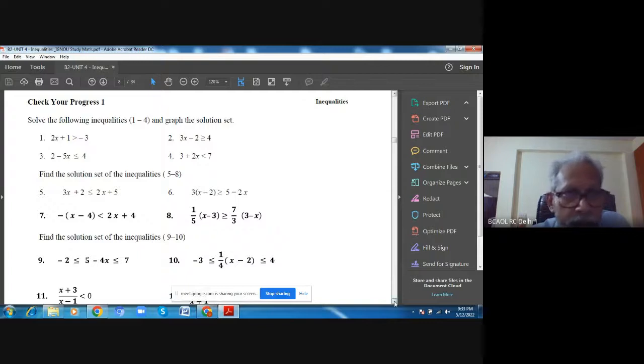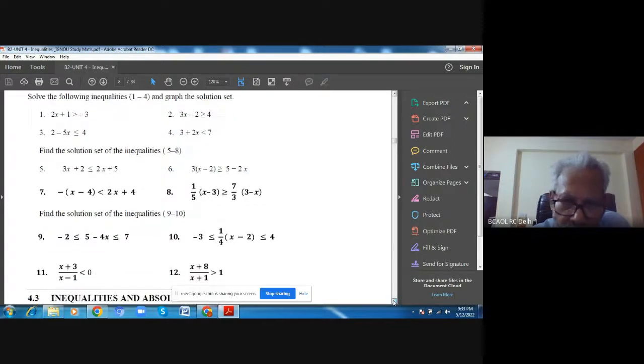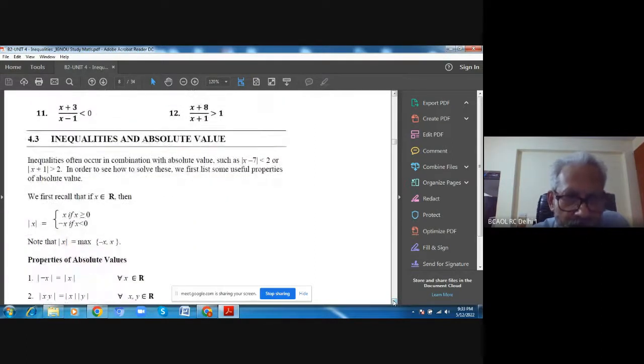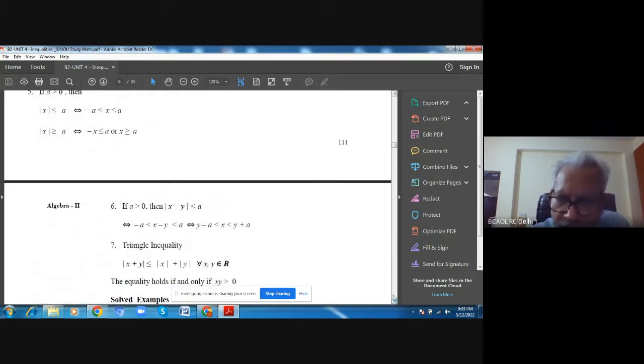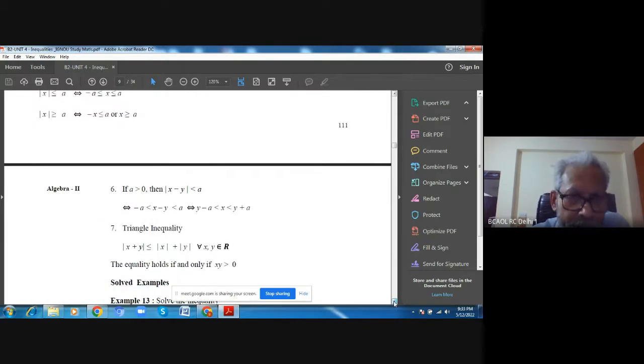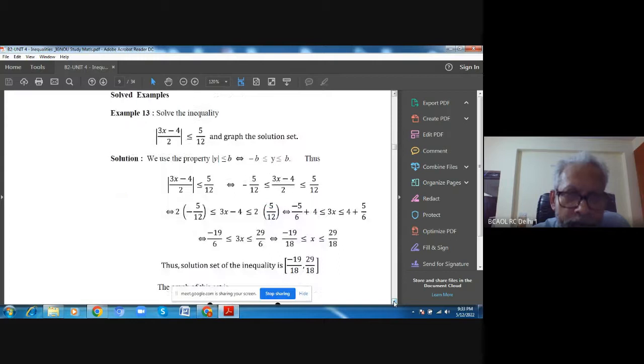So always you have to study and practice your progress also, where the check your progress is written. Definitely have to do it. Then you will get the common questions, no problem. And a lot of solutions are given. The same type of solutions are coming in the exam also.